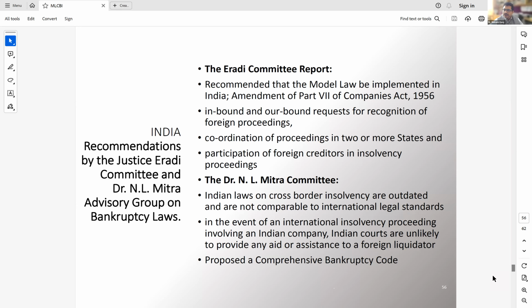Only then was the company jurisdiction shifted from the Company Law Board to the NCLT, subsequent to the Companies Act of 2013. And then when the IBC was enacted in 2016, the jurisdiction was given to the NCLT. So the IBC is also in a way helping the NCLT and mandated that the IBC has to be conducted through the NCLT only.